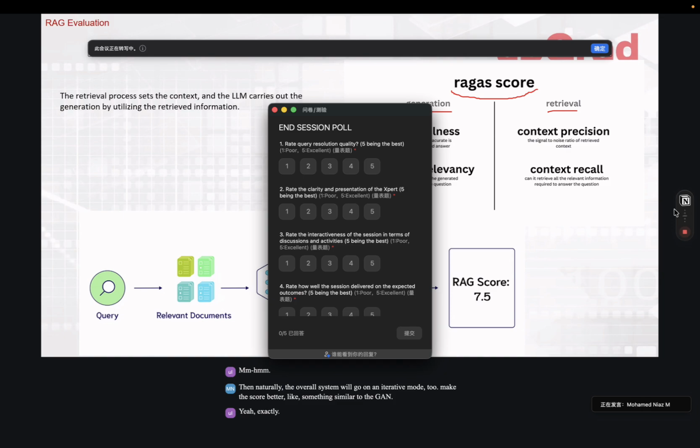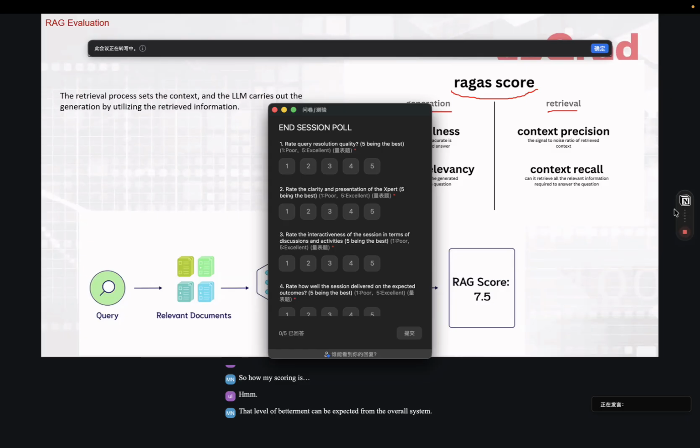So that level of betterment can be expected from the overall system, right? I'm saying this is a place where the performance can be engineered to differentiate when compared to the competitor.